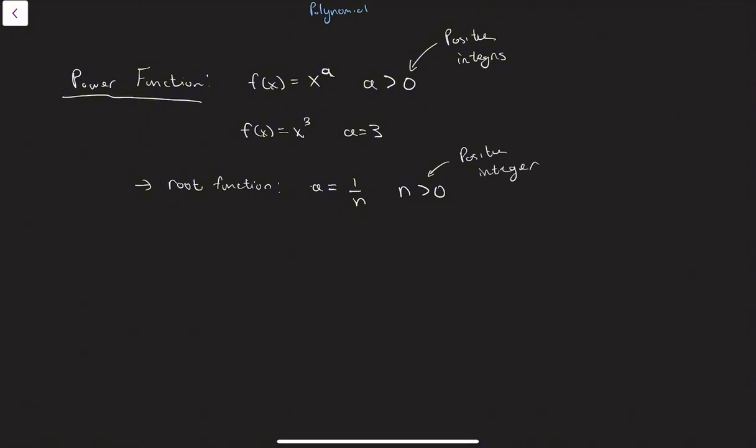To give you an example, you'd have f of x is equal to x raised to 1 over 2. This is the definition of a root function, and we know that this is equal to the square root of x. Another one being f of x is equal to x raised to 1 over 3. That's equal to the cube root of x. Really straightforward.